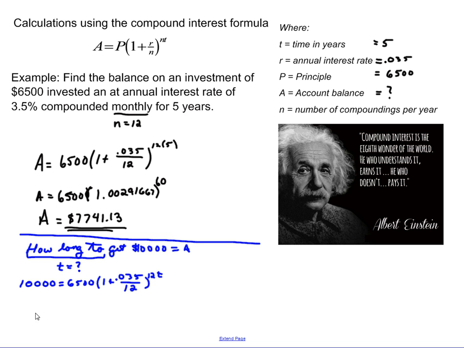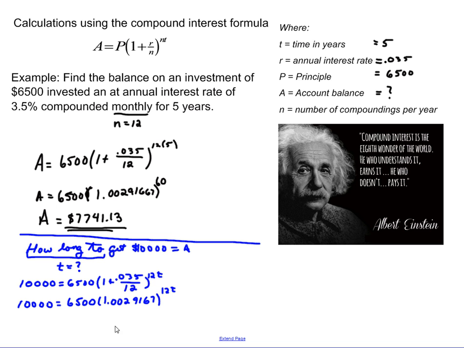Well, we need to do a couple of things. Of course, we want to simplify inside our parentheses right here on the right-hand side of our equation, which we're going to find is 10,000 would equal 6,500. Now you see why I wrote my letters up here. 1.0029167, all rounded off there, to the 12t.